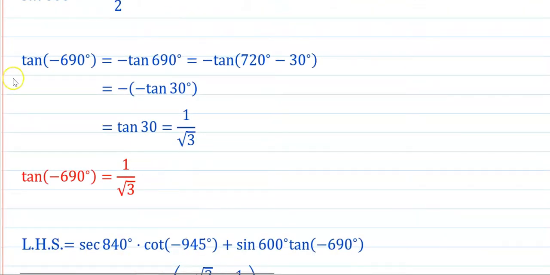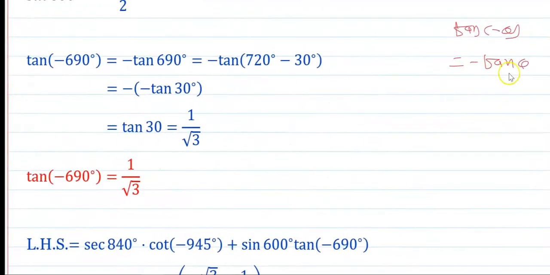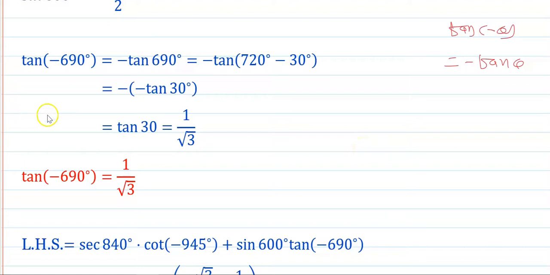Now the next, tan of minus 690, that is tan of minus theta is minus tan theta. Okay, we know the formula, tan of minus theta is equal to minus tan theta. And here tan of 690. Now 690 can be written as 720 minus 30, 720 means 4 pi. Okay, 2 pi means 360, 4 pi means 720. Now see this here, this is 2 pi, next is 4 pi minus 30.